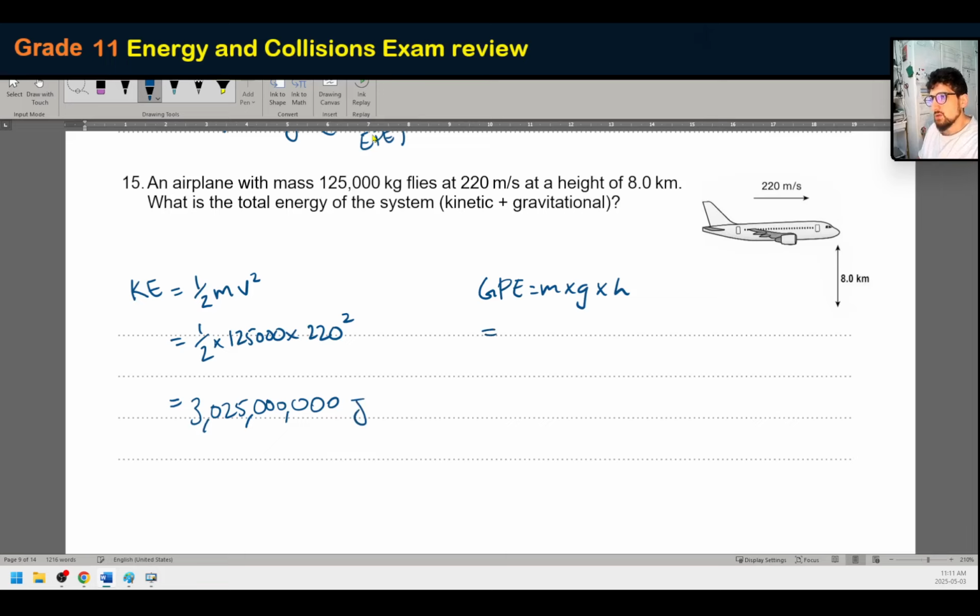Now we're working out the gravitational potential energy, so that's 125,000 multiplied by 9.81, multiplied by the height, which is 8 kilometers. Now remember, we don't deal with kilometers, we deal with meters. So it's going to be 8,000 meters, because 8 kilometers is the same as 8,000 meters. And so the gravitational potential energy is going to equal another big number, times 8,000. That is massive.